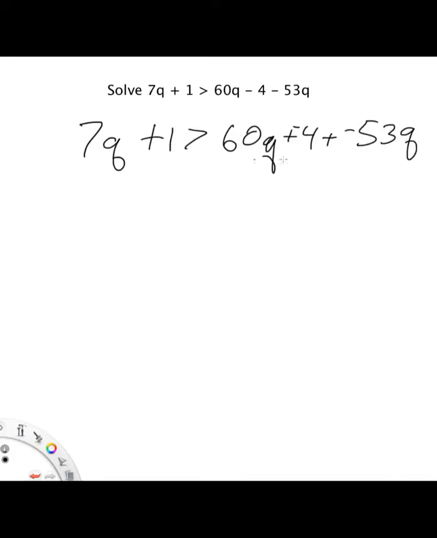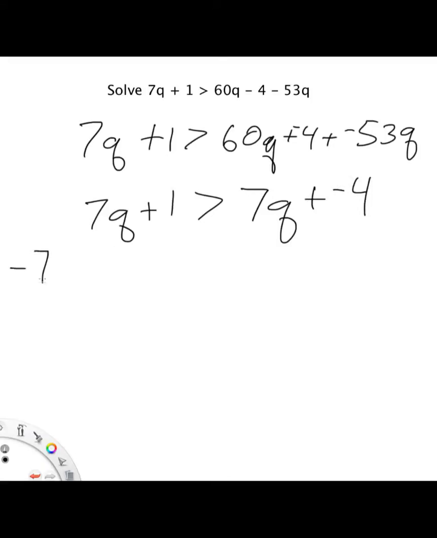Now we can move stuff around. So 7q plus 1 is greater than 60q minus 53q, which is 7q, plus a negative 4. We subtract 7q from both sides of the equation.